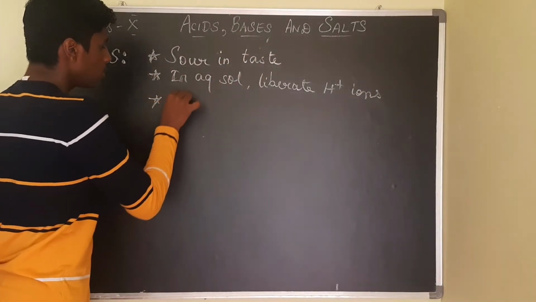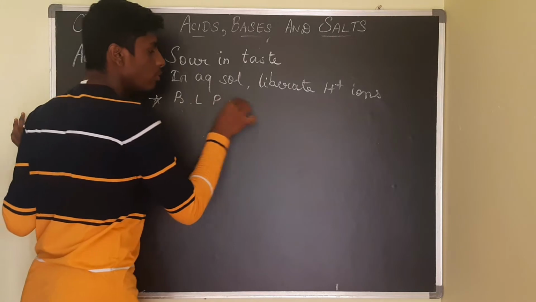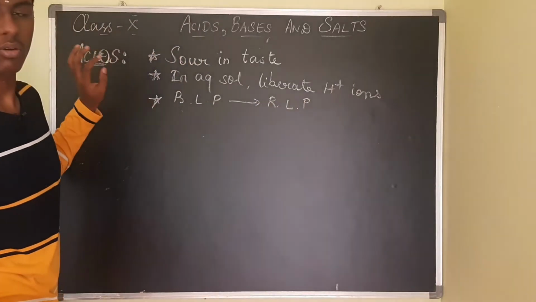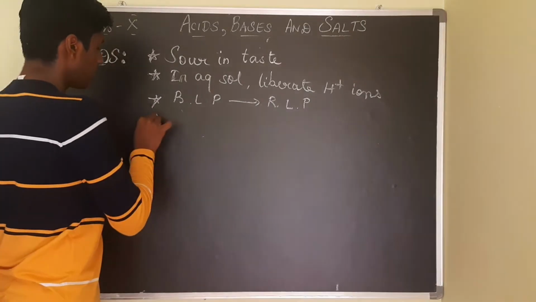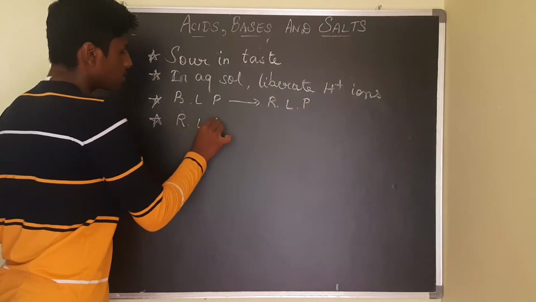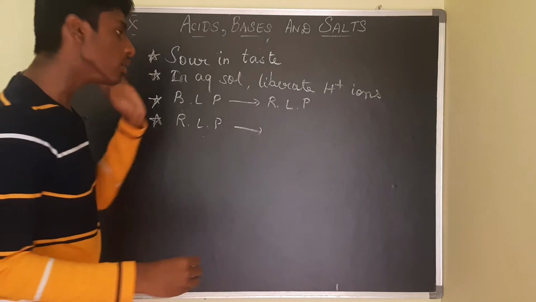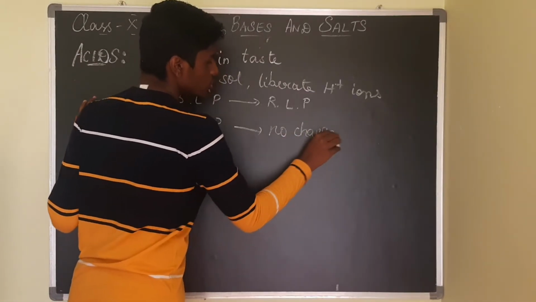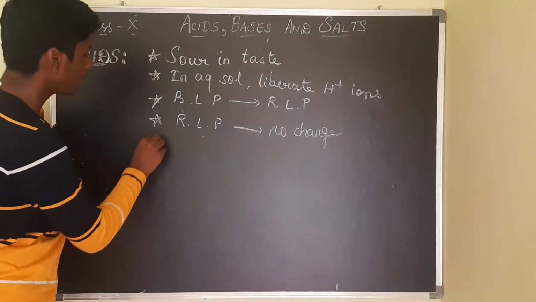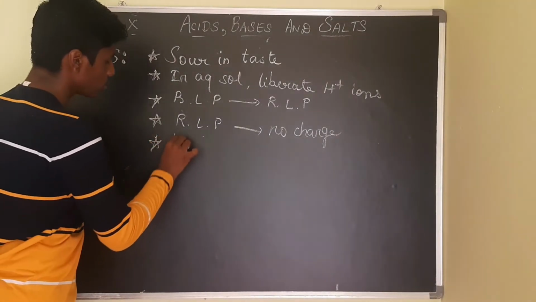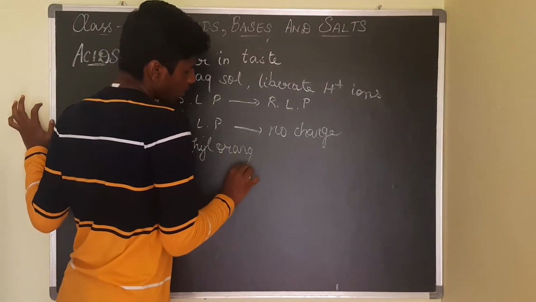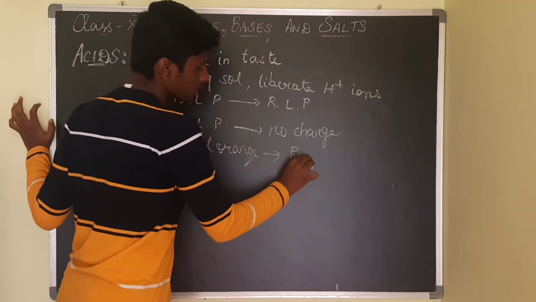Then blue litmus paper will be turned into red litmus paper if I dip it into acid. If I dip red litmus paper in acid, there will be no change. Then acid in methyl orange will give us red color.